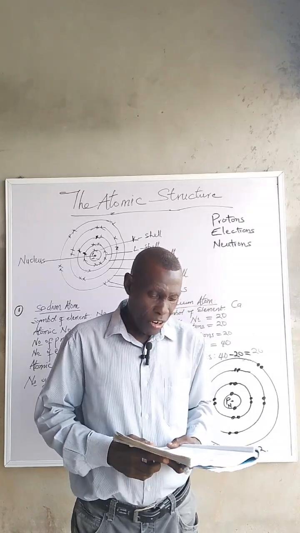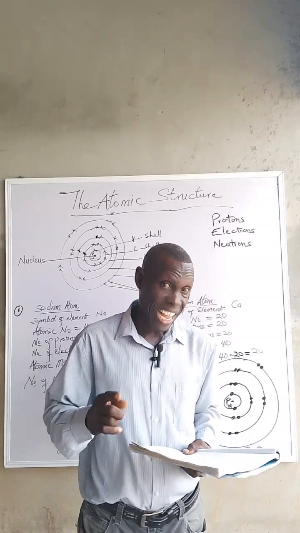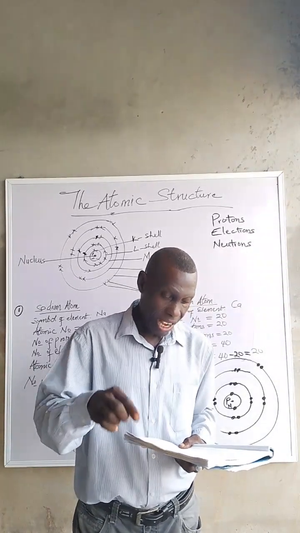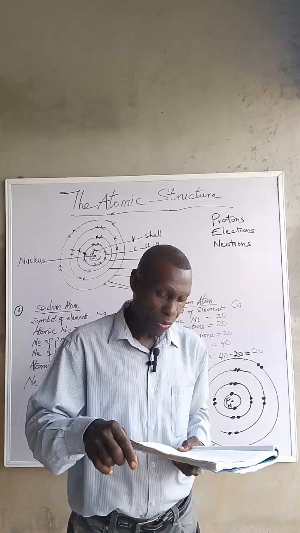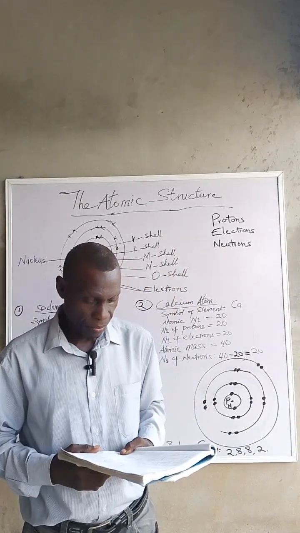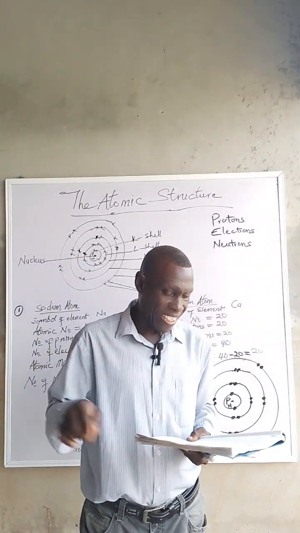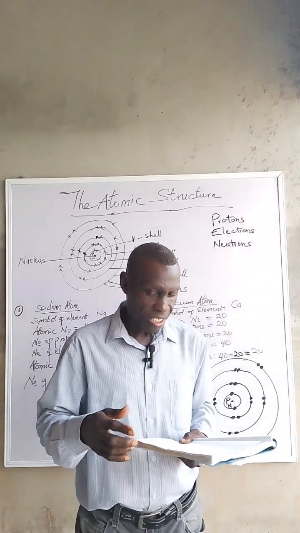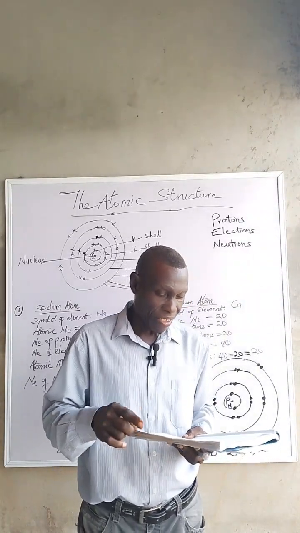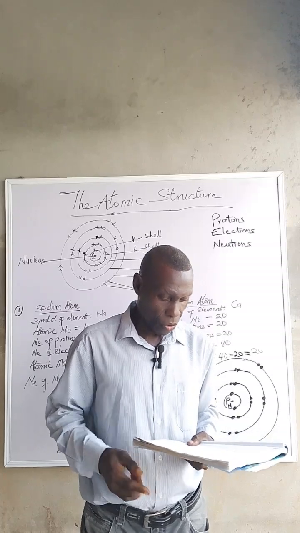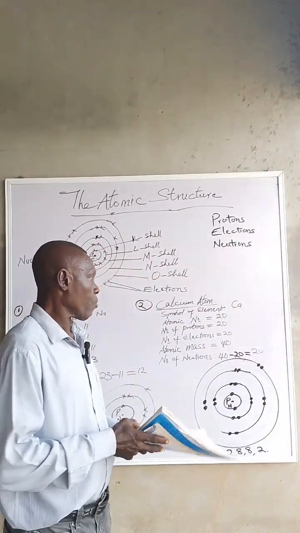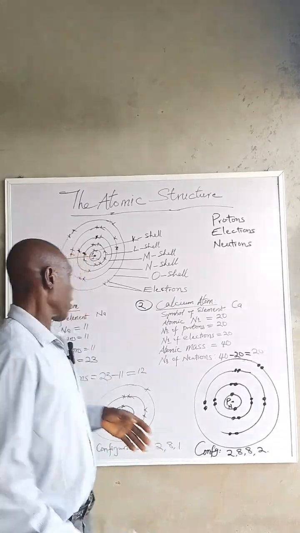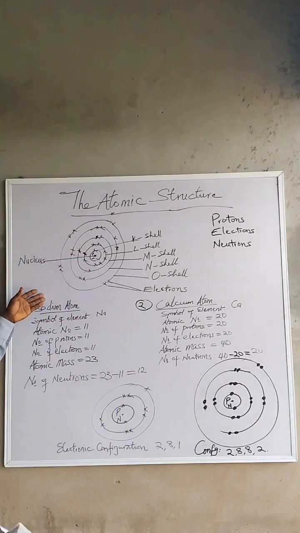So the configurations of elements are derived by successively adding electrons to the lowest available unfilled shell. The number of electrons in the outermost shell, called the valence shell, is the same for the elements of the same group. So, having said so, let us consider the structure of some elements, like the sodium atom.